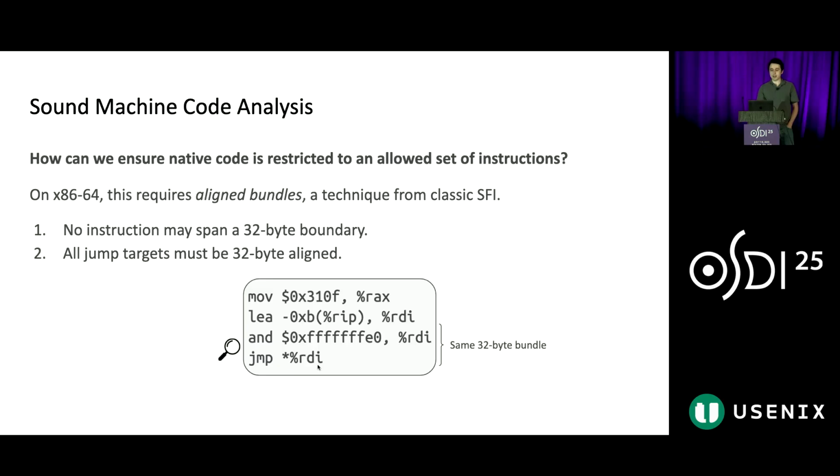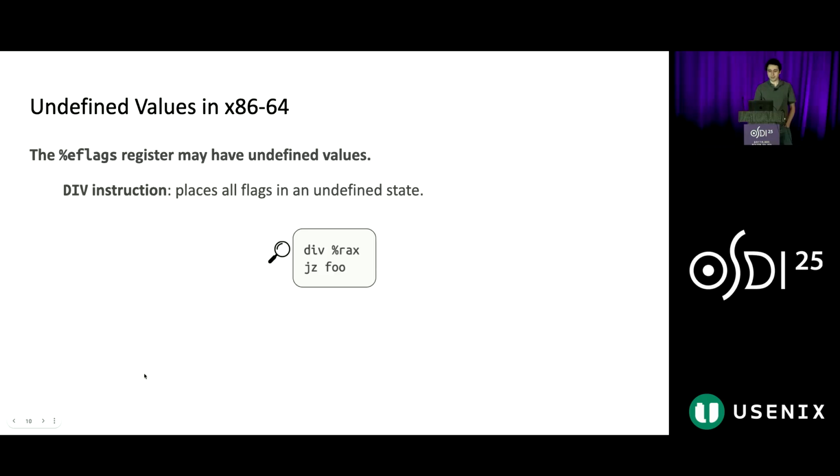As a result, the verifier can now be sure this target is bundle aligned. As long as it can see no instruction spans a bundle boundary, then it's not going to go into the middle of an instruction. I'll just point out this isn't actually necessary on ARM, and this is one of the nice features of ARM, that fixed-width instructions make this unnecessary.